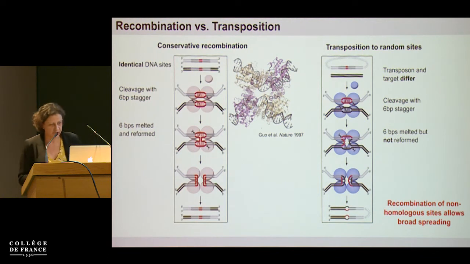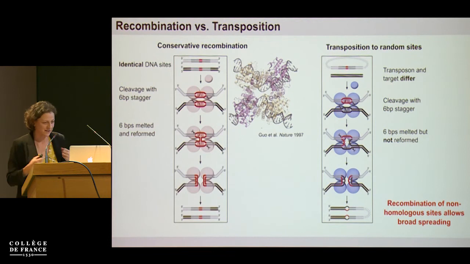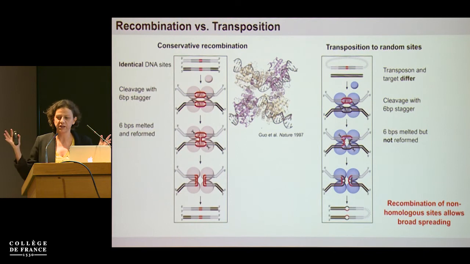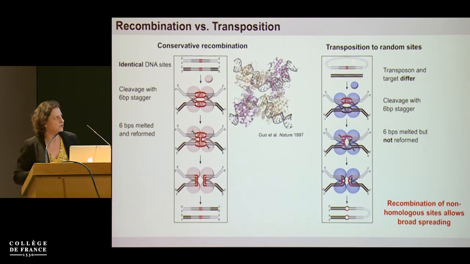For transposition, on the other hand, I will now focus on the integration of the transposon into the genome, because I think this is the easiest way to illustrate our mechanistic questions. For integration into a target genome, in order for this transposon to be able to spread to diverse genomes, it needs to be able to integrate into diverse sequences in all these genomes.